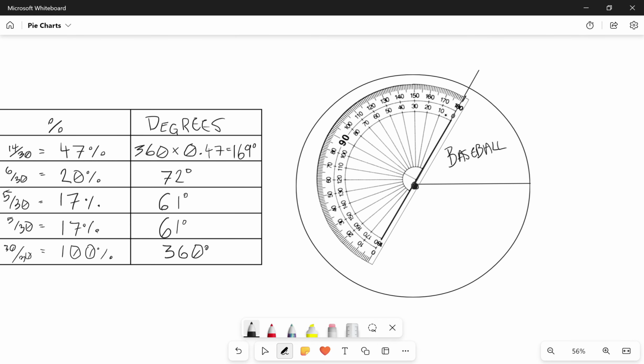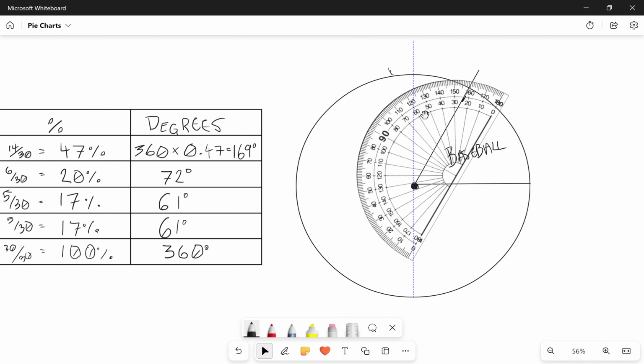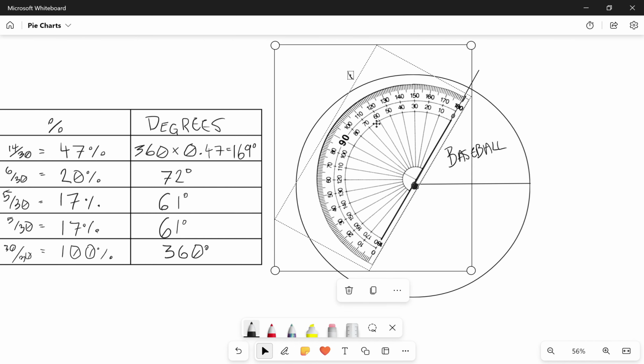I'm just getting out of the way so that it doesn't think I'm trying to draw on the protractor. And look at that, it does. Of course it does. Why wouldn't it? Let's try to get completely out of the way so that when I move my protractor away, it doesn't think that I'm drawing on it. How big is my protractor's box?